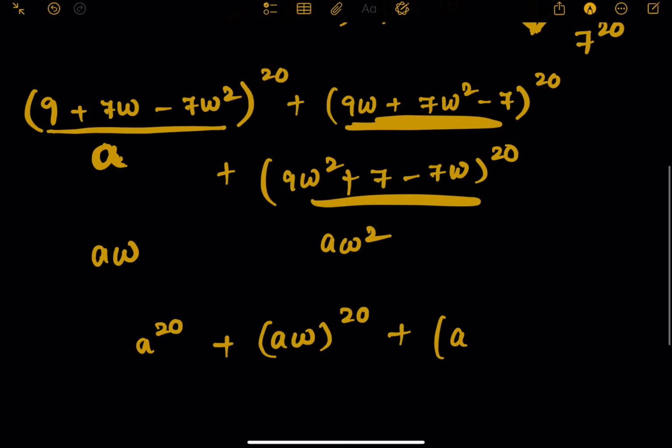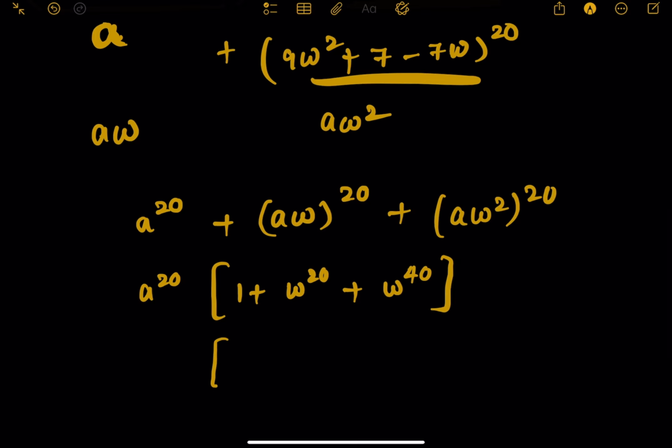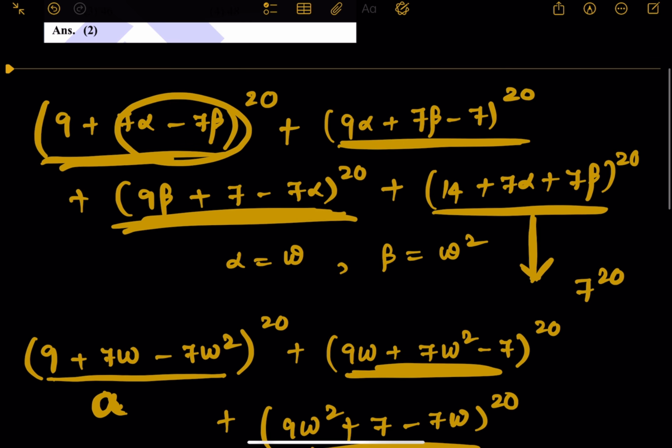And the third term is (Aω²)^20. So A^20 will be common. Here you have 1 + ω^20 + ω^40. What is ω^20? Omega power 20 is nothing but ω². What is ω^40? That is nothing but ω. And what is this? 1 + ω + ω². That is simply 0. So the sum of these three terms is 0.